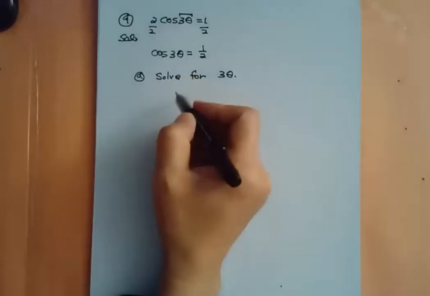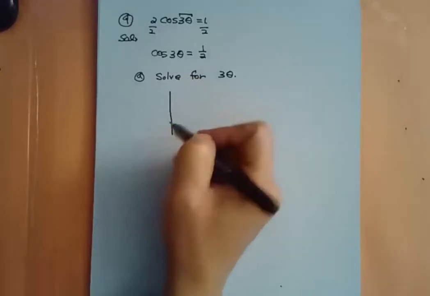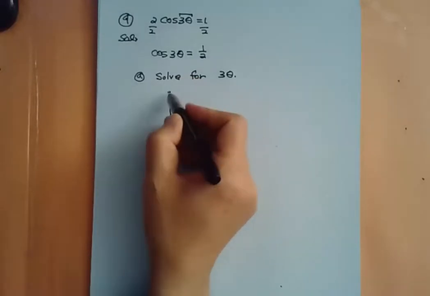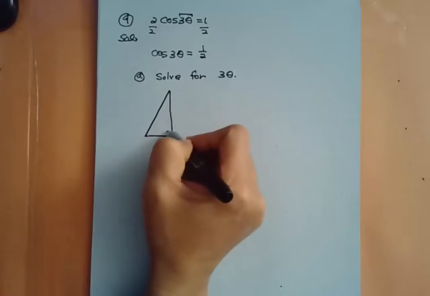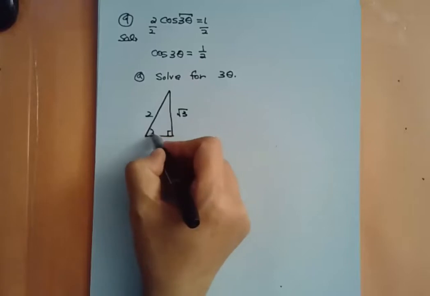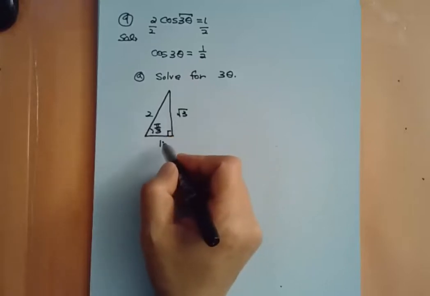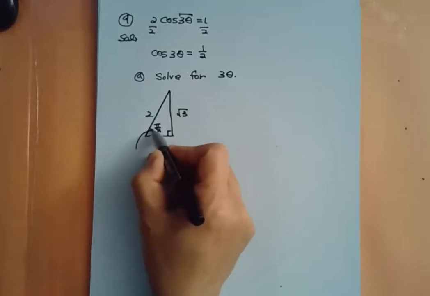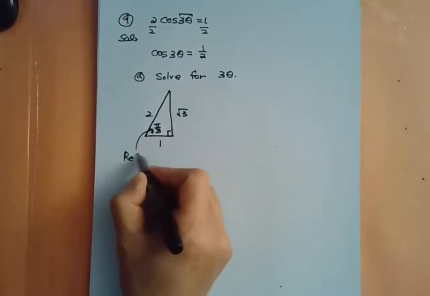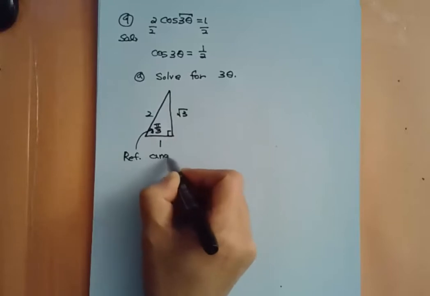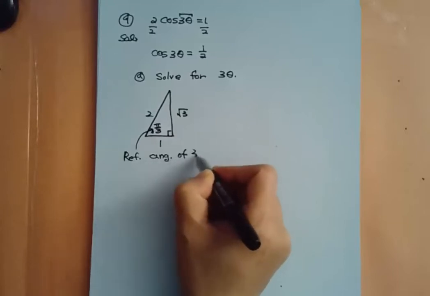One and two are involved, so that is related to the 30-60-90 degree triangle. And obviously, that is related to pi over 3. So pi over 3 is the reference angle of 3 theta.